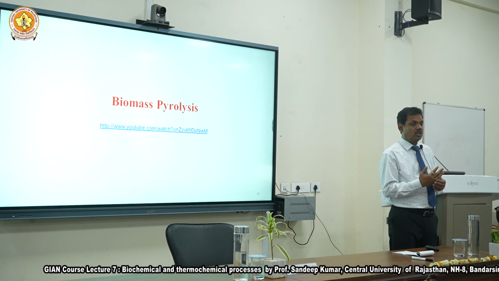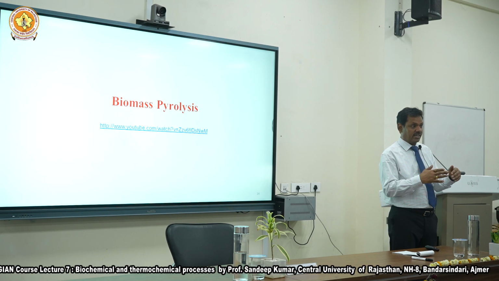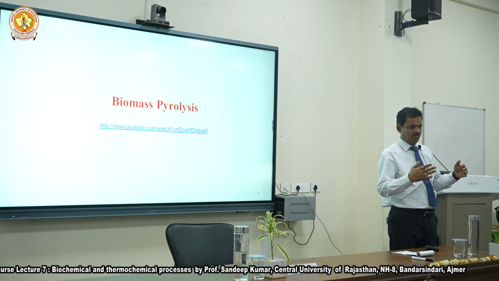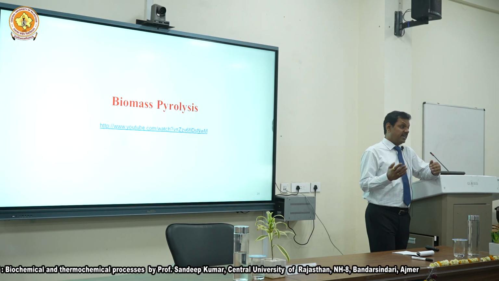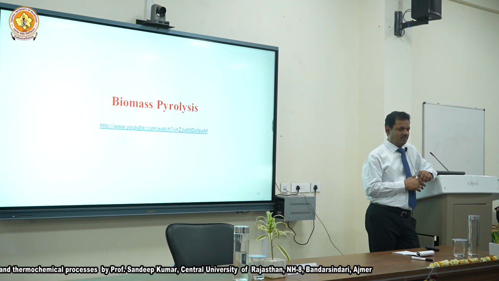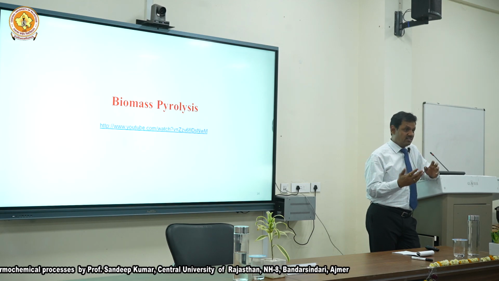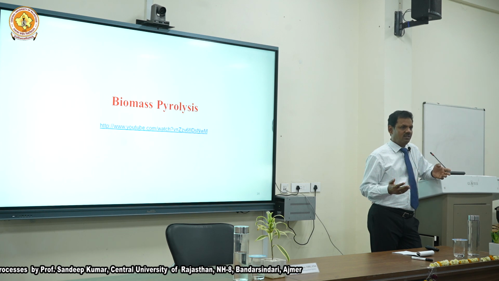If we heat a polymer, what happens? They will break, melt, all those things will happen. When they break depends on how much heat you apply. The faster the heating rate and the higher the temperature, the more they will break.